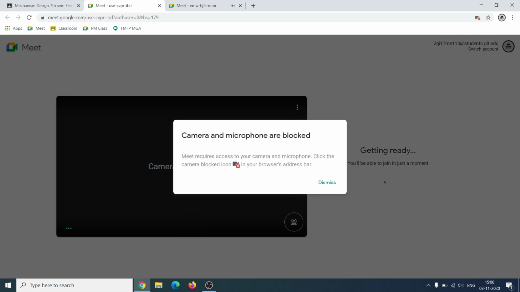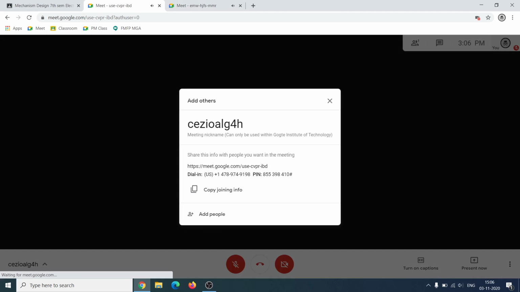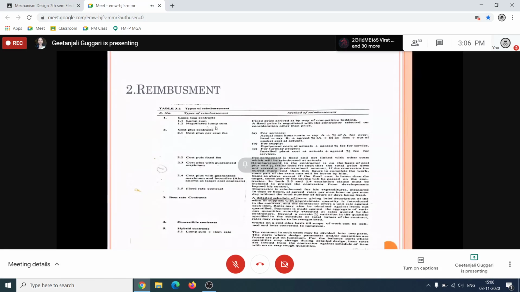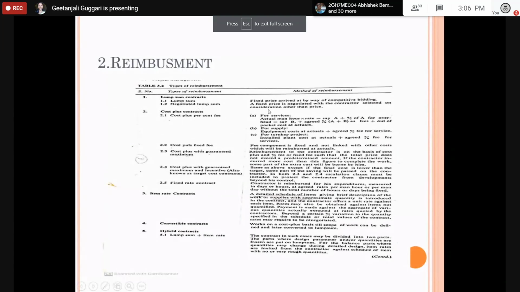The first one is the lump sum contractors. In the lump sum contractors, we have two types. One is totally a lump sum, then a negotiable lump sum based on the number of times he is doing it. In detail, there is no need to go through what all these are. Then cost plus contractors will be there.